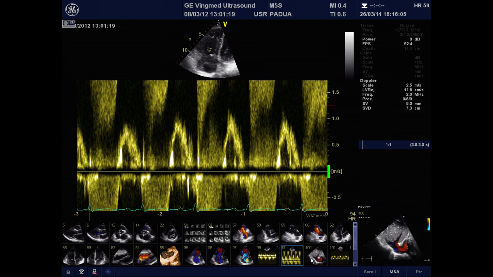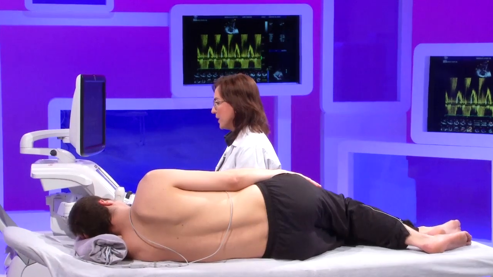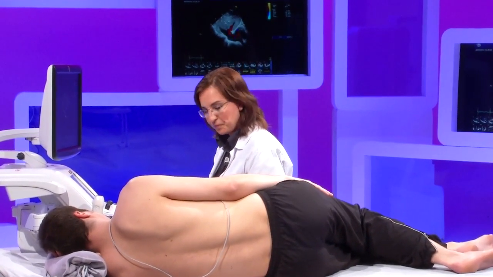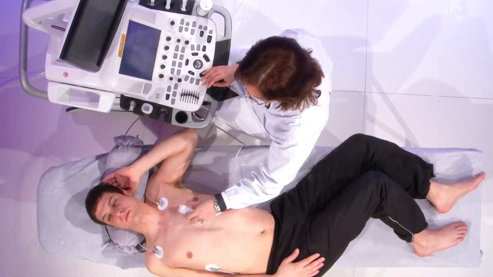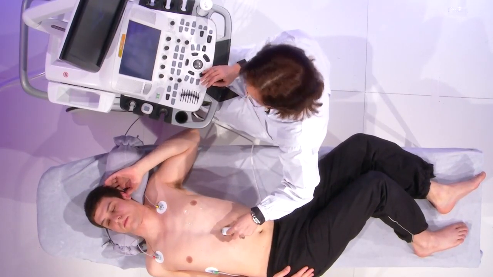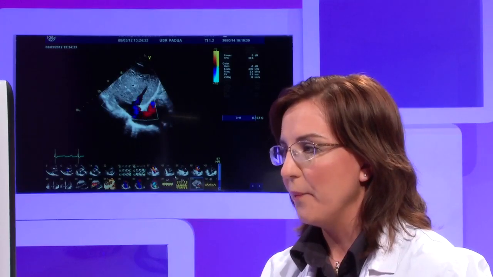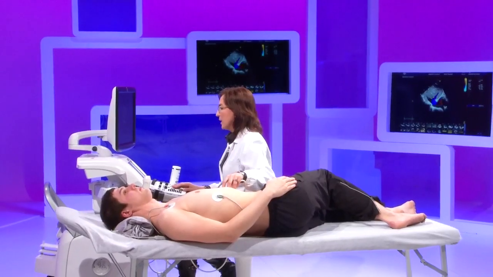And to continue, what we can do is to go again to the subcostal view. Please lean on the back again, and we will take a color Doppler flow imaging of the hepatic vein.